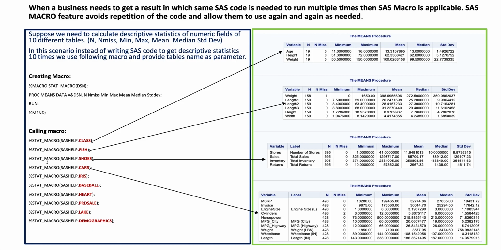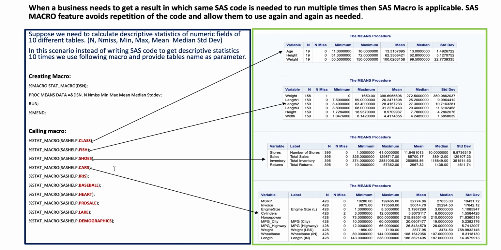When we run calling macro, then we will get 10 different sets of the result. 4 result sets are shown on the right side. That means result from class, fish, shoes, and cars.